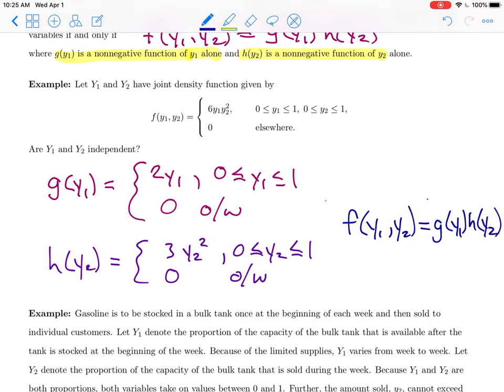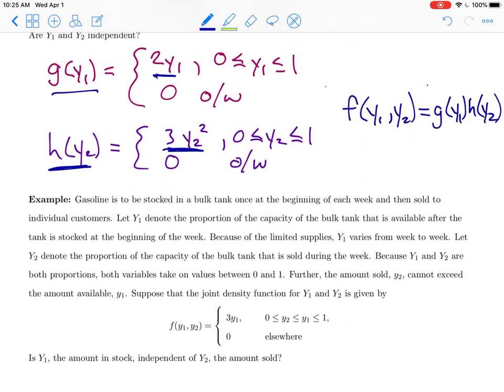So y1 and y2 are in fact independent random variables. Notice that g of y1 is a non-negative function of y1 only, and h of y2 is a non-negative function of y2 only. And so that works out okay there.